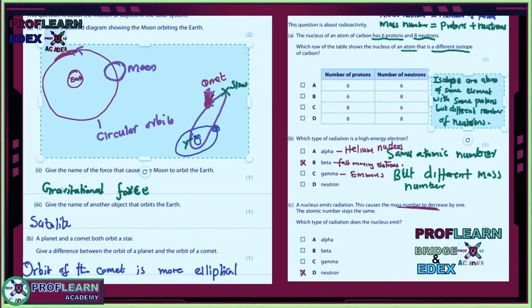You need also to understand that the type of force that causes the moon to orbit Earth is called the gravitational force. And another object that orbits the Earth is a satellite. A satellite can be man-made, but there are also natural satellites that orbit the Earth.